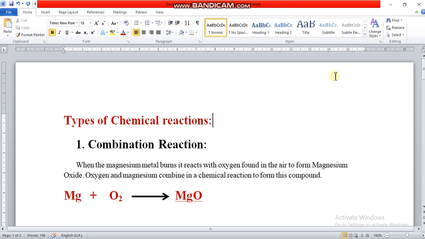Suppose there are 10 different chemical reactions, but all have the same nature and the same reaction type, then those 10 different chemical reactions are grouped into one type. Similarly, based on their characteristics or how they react with one another, chemical reactions are categorized into different types.